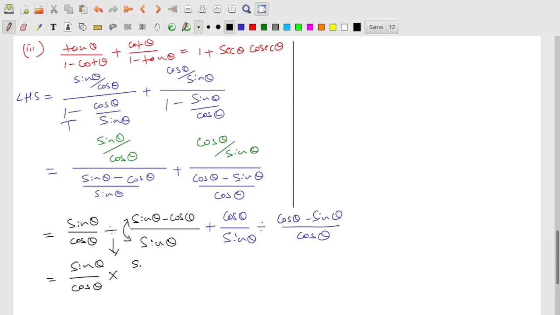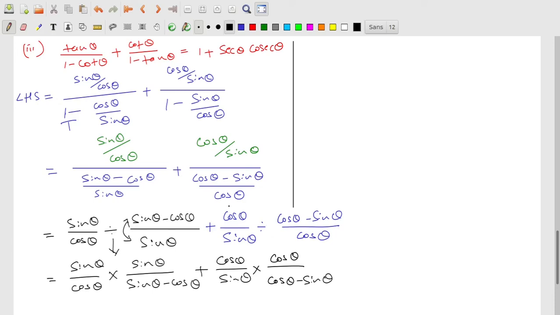So now I will take sin theta in the numerator and then sin theta minus cos theta in the denominator. So say cos theta divided by sin theta into reciprocal cos theta divided by cos theta minus sin theta. Till here we have not used any identities either from algebra or trigonometry.